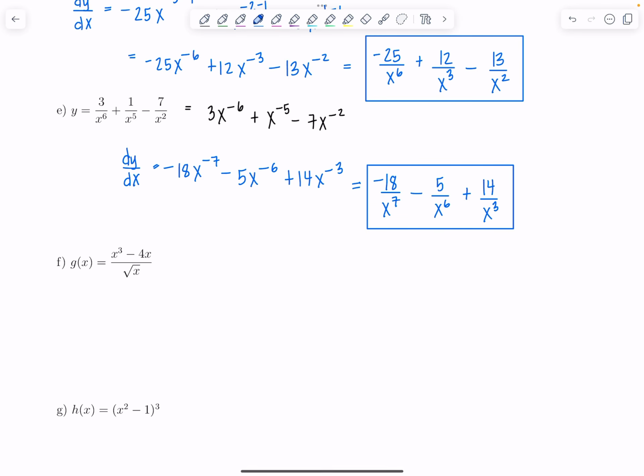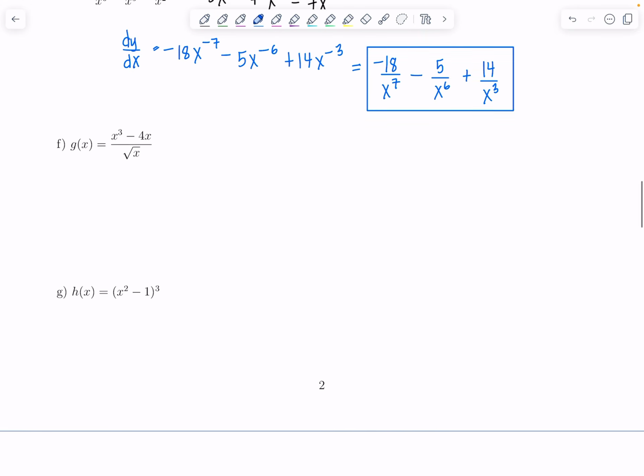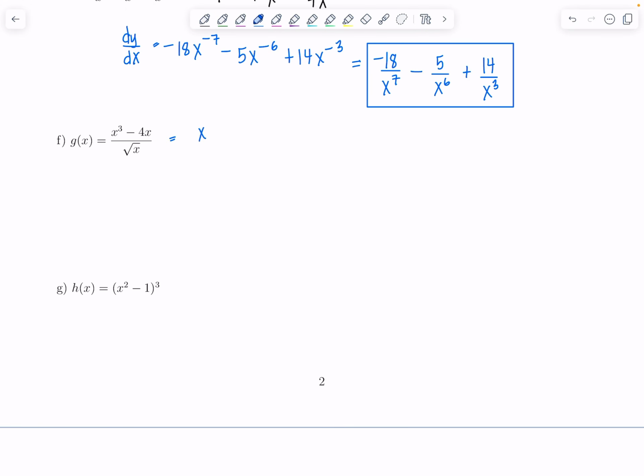Oh, good. Okay, next one, g of x equals x cubed minus 4x over the square root of x. Ooh, we haven't done a fraction before, and we're only using the rules of this section, so basically just the power rule and extensions of it. So we don't want to have a fraction.